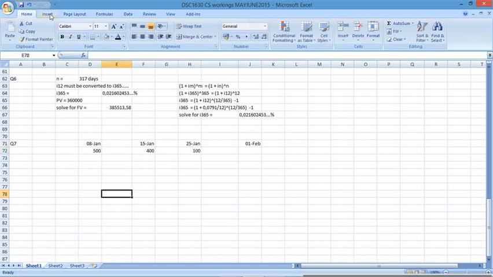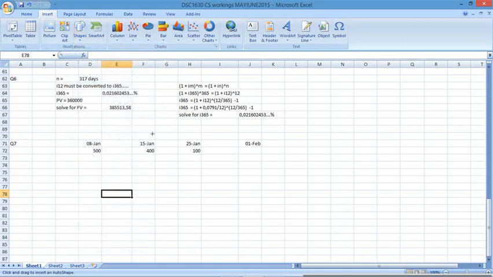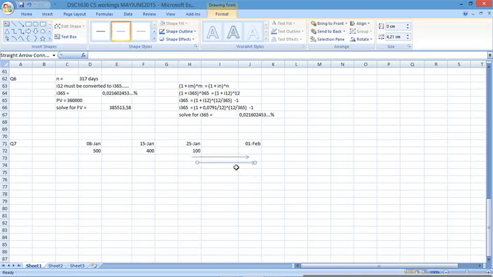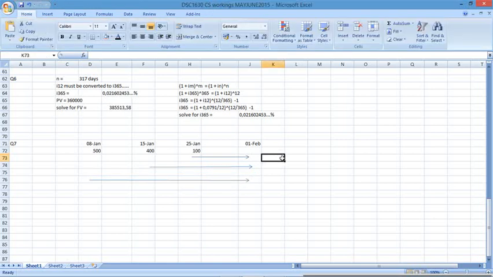And what am I going to be doing? I'm going to be taking all those amounts forward. So the 100 forward, the 400 forward, and the 500 forward. Remember they told you this was simple interest, so I'm going to be using that equation for all of those calculations.